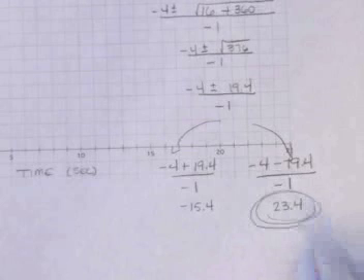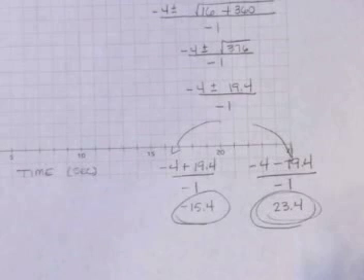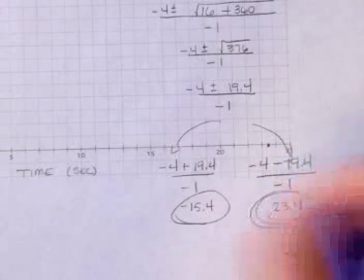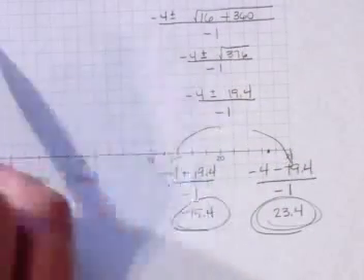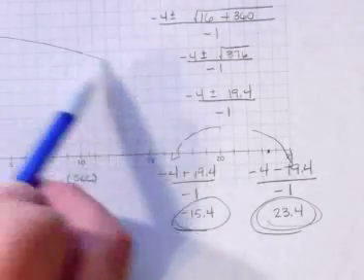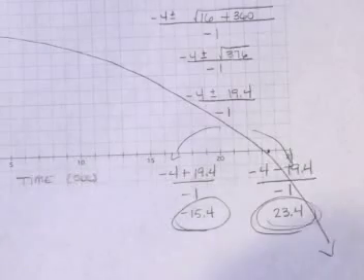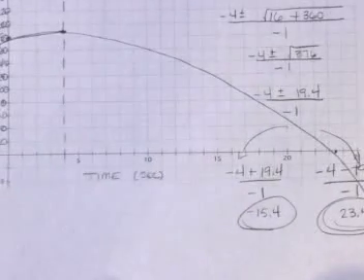So what this tells me is these are the two zeros of my parabola, my quadratic. And I have a zero approximately at 23.4, approximately there. So it looks like I would come from my vertex and do that kind of thing to finish graphing my quadratic.